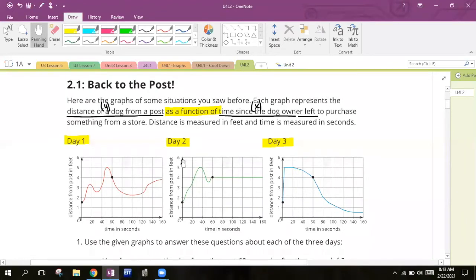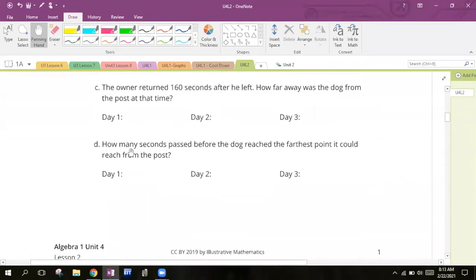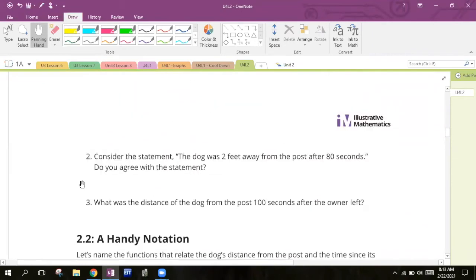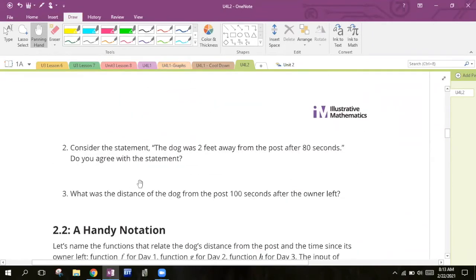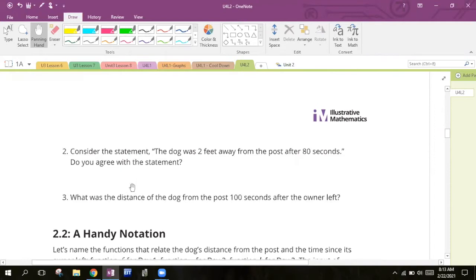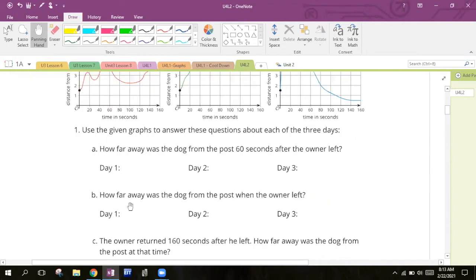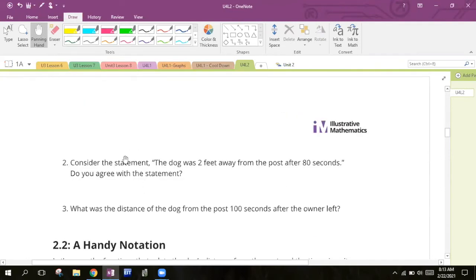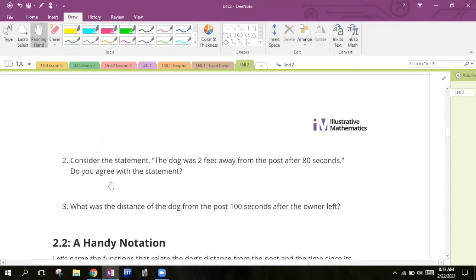All right, after you finish answering those questions, on the next page you have 2 more questions about the graphs as well. Okay, so I'm going to give you a few minutes to answer those questions on your own. Whenever you get to number 2 and 3, you can choose whichever one you want to do, but send me your answer in the chat.